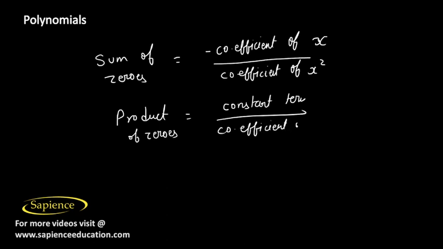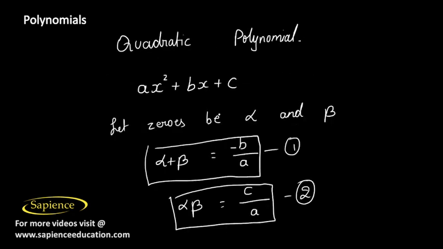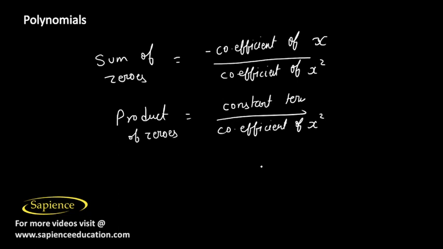Now let us check this relation with some examples. So we can consider the example. This is our polynomial that I have chosen. First let us try to find out the roots of this polynomial.